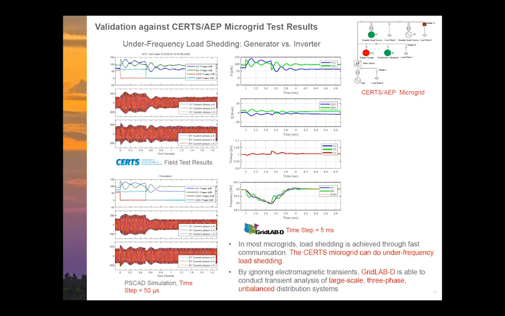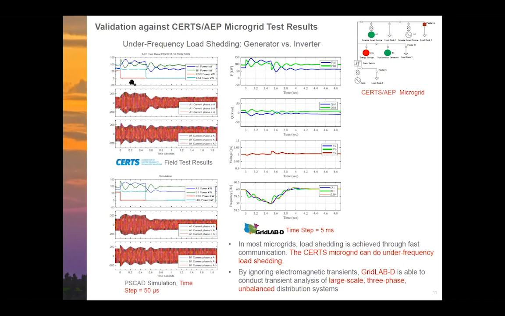Then the overload mitigation controller I just introduced is activated to drive the frequency down. Once the frequency reaches the load shedding frequency, the relay detects the low frequency and trips load bank 4. And the system survives the under-frequency load shedding.